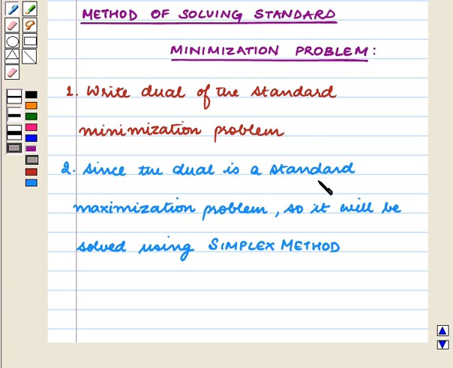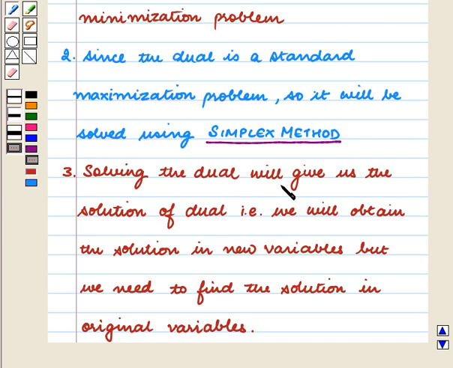Since the dual is a standard maximization problem, it will be solved using the simplex method. Solving the dual will give us the solution of the dual. That is, we will obtain the solution in new variables, but we need to find the solution in the original variables.